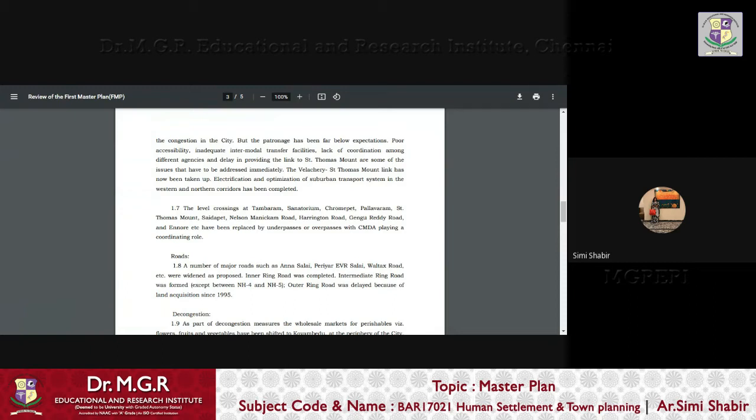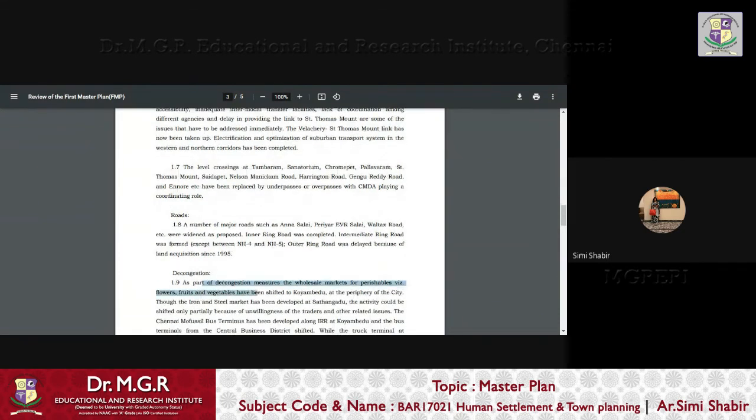The inner ring roads were completed. The intermediate ring roads were formed. The one which did not work out was the one between NH4 and NH5. The outer ring roads were delayed because of land acquisition challenges, and so on. But again, to sum up, to an extent, all the proposed developmental strategies were realized.